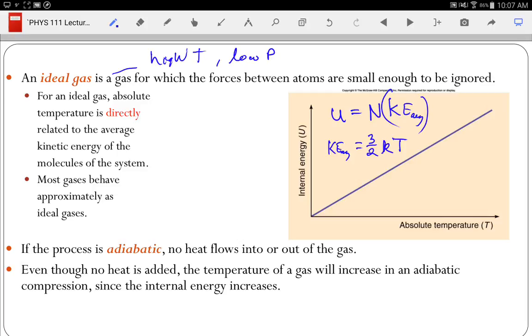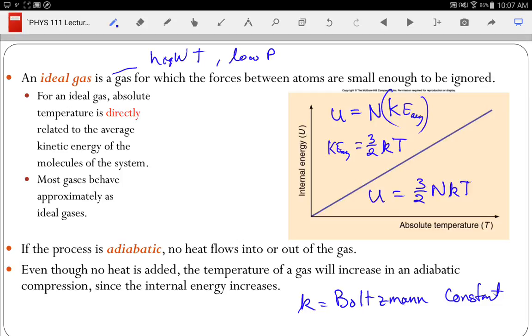So our internal energy for the ideal gas is 3/2 times the number of molecules times this constant k multiplied by the temperature. That constant k is just the Boltzmann constant. I believe there are two n's in his name. And I'm not even going to worry about writing down the number right here.